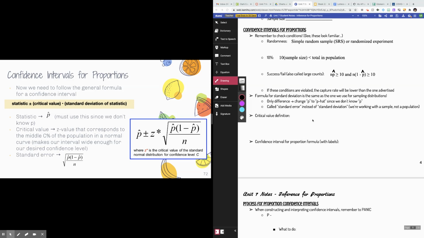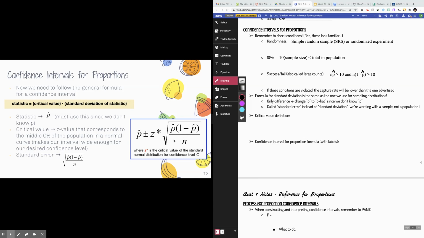Once we check our conditions, we follow our general formula for a confidence interval, which is up there on the screen again. It's your statistic plus or minus your critical value times the standard deviation of the statistic. I'm hoping that your standard deviation formula, or technically standard error, looks really similar.